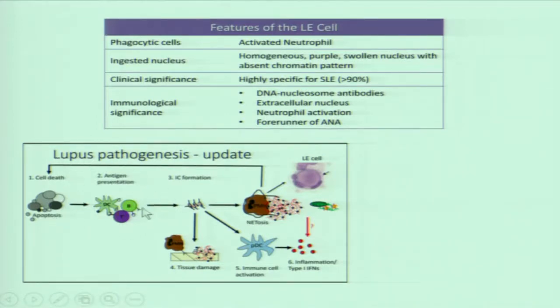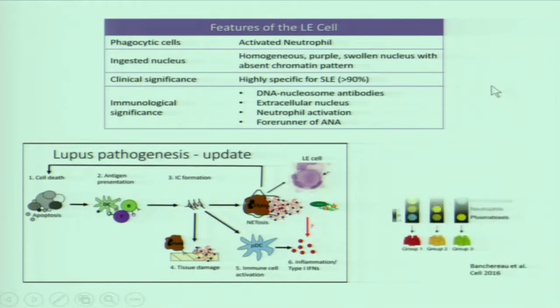That leads to antigen presentation, formation of anti-nuclear antibodies, and those immune complexes are going to produce tissue damage, as well as activation of PDCs to release type 1 interferon, which is critical in lupus, and to activate neutrophils, leading to NETosis, release of more antigenic material, and essentially representing the immunological basis for the LE cell. So starting with this, you can now essentially put together all the aspects that lead to SLE.